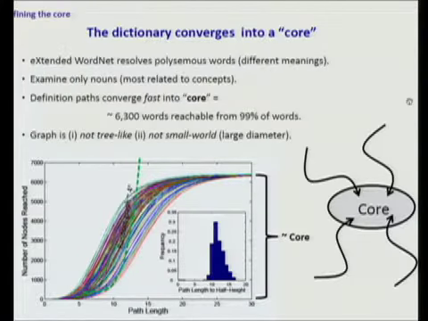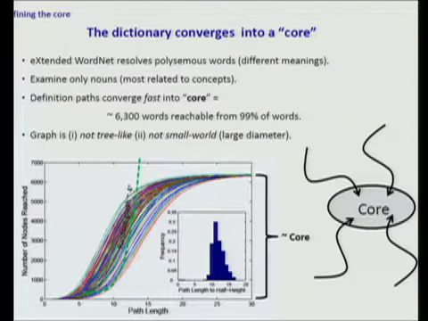And, well, this is basically what you see if you follow this random walk of definition pathways. So let's say that we have the dictionary. I choose something like 100 words, and I count the number of words that I accumulate along the pathway of the definition. So here is what you see.